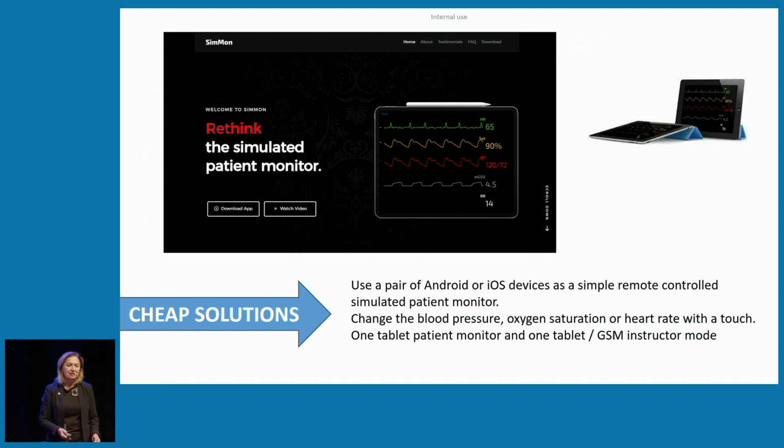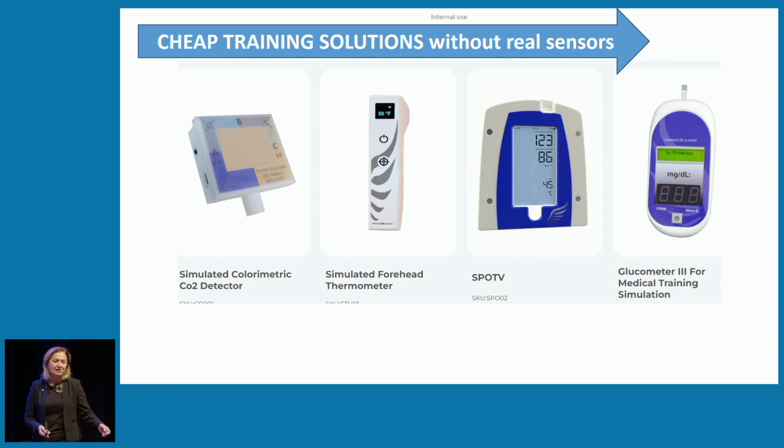So technical providers created other cheap solutions like Simmon, but it is not the case.